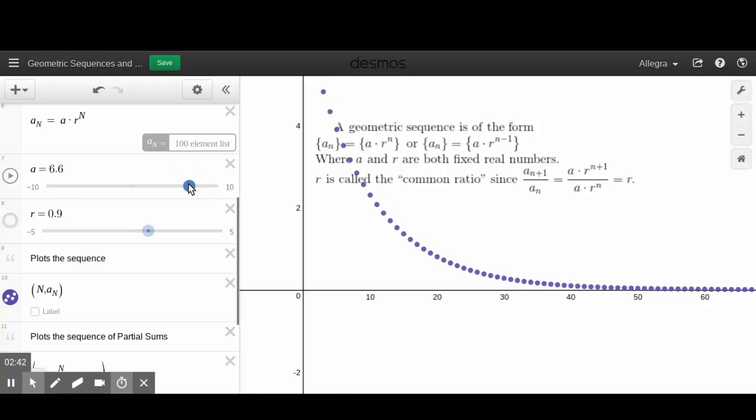Let's see what happens when I make r a negative number with absolute value less than 1. Let's try negative 0.7.